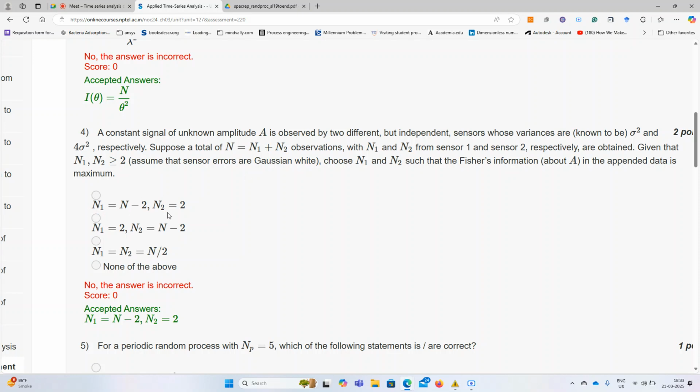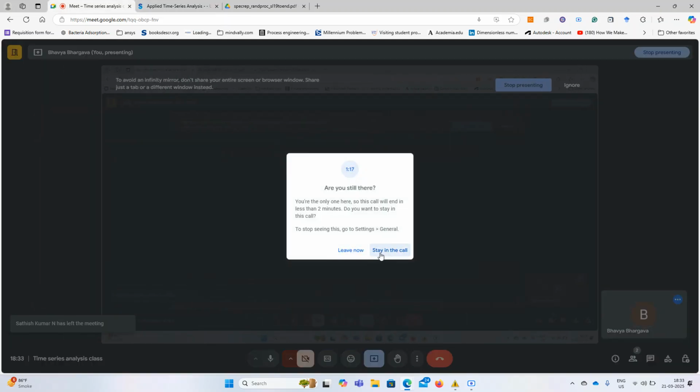So you can minimize observations with higher variance, having n2 equals 2 and n1 equals n minus n2, that is, n minus 2.